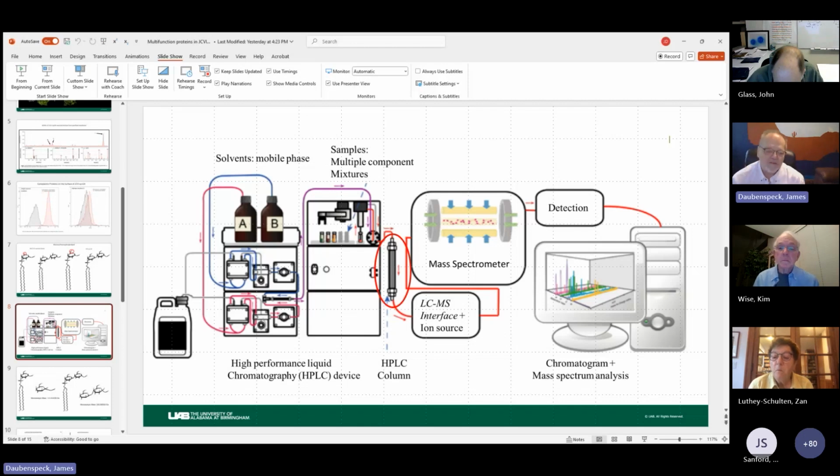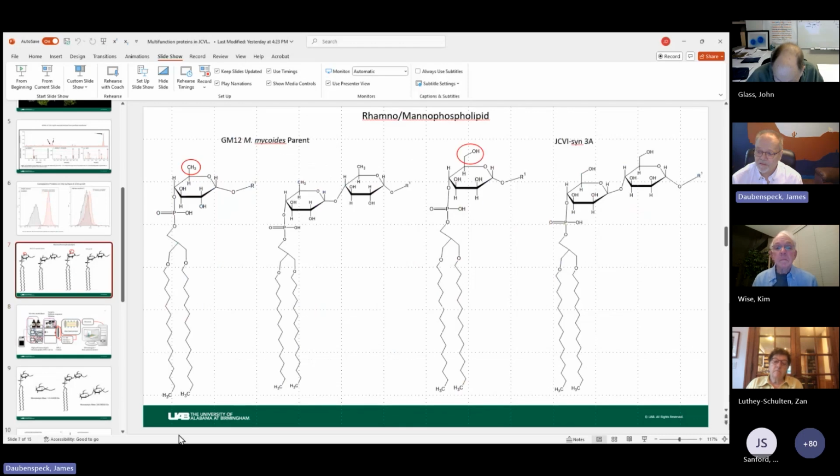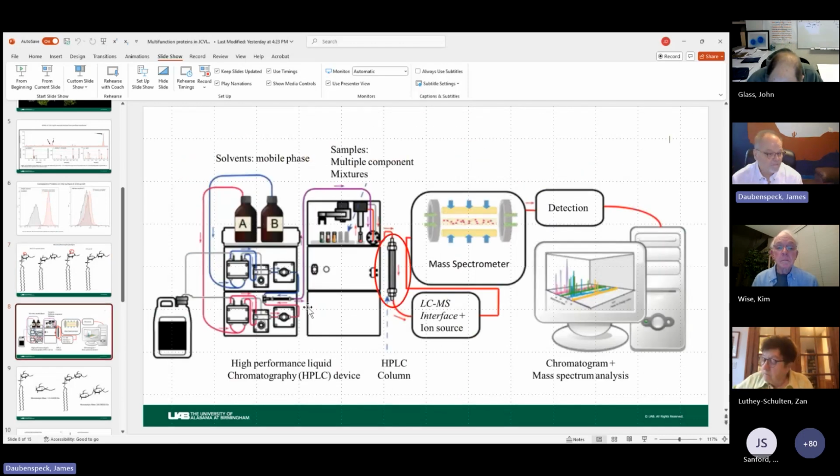However, almost all of them have a reverse phase column that they use. Well, this part of this molecule basically welds itself to the reverse phase part of the mass spec column.